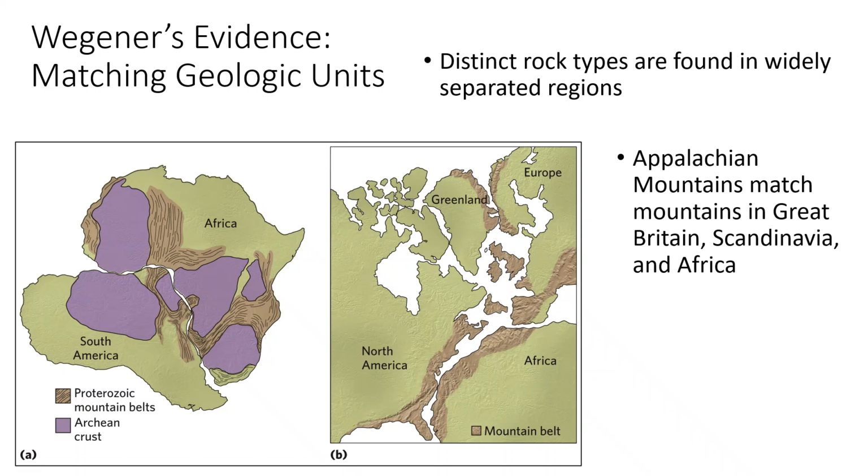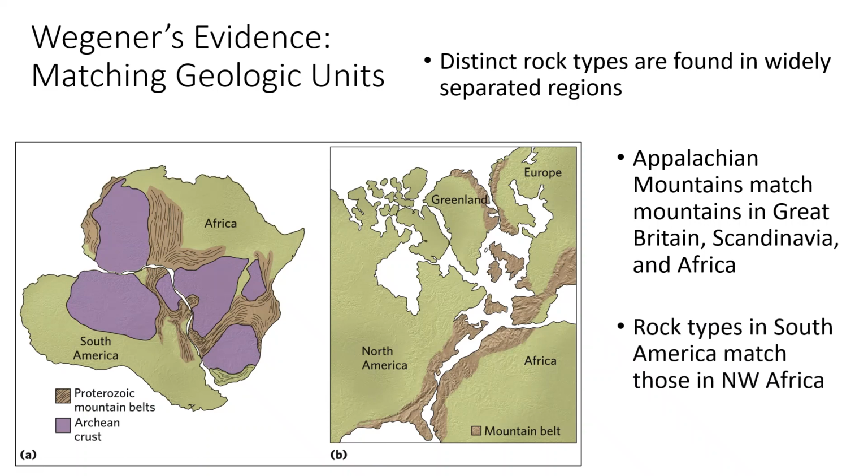So for example, the Appalachian Mountains and the Caledonides in Great Britain, Scandinavia, and the Atlas Mountains in Africa all tend to line up, indicating they may have been part of one chain in the past.